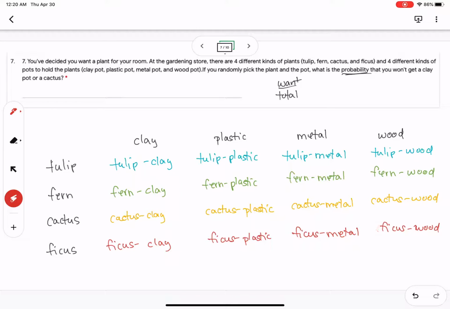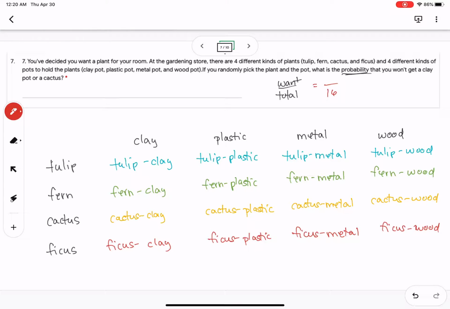You can count all of those, or if you know how to, you should have learned, hopefully in elementary school, maybe not, that if you count all the different options going across, so there's 1, 2, 3, 4 options across, and all the options going down, 1, 2, 3, 4 options going down, you can multiply them. Okay, so 4 times 4 equals 16. And 16 was what we counted when we did that. So regardless, our total here is 16.